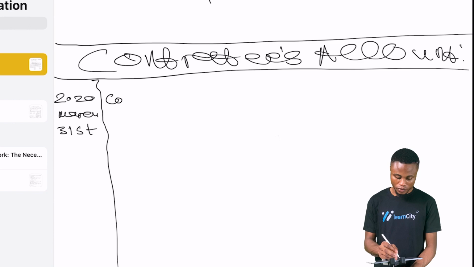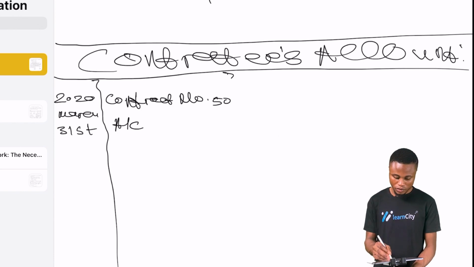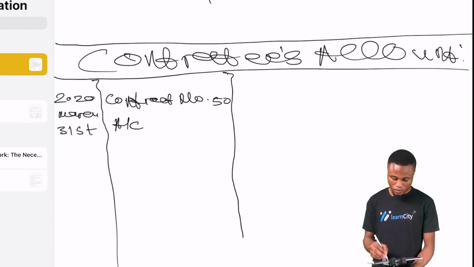It is coming from contract number 50 account, and it is $200,000.